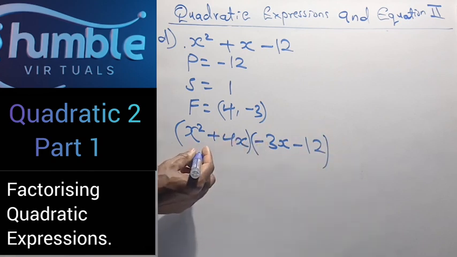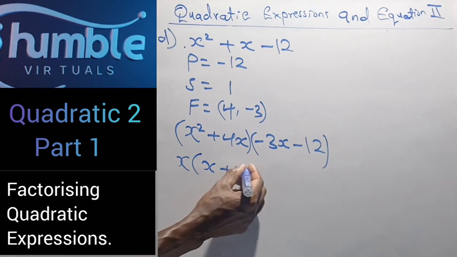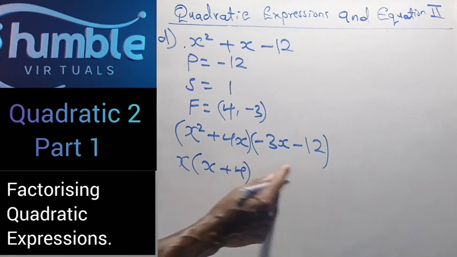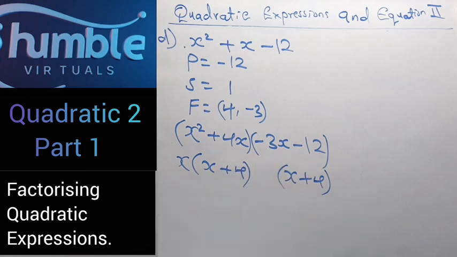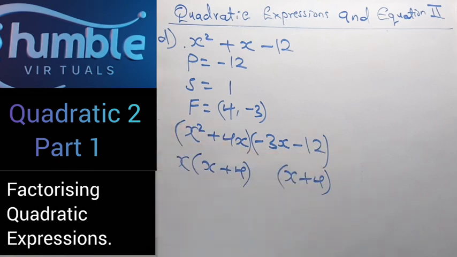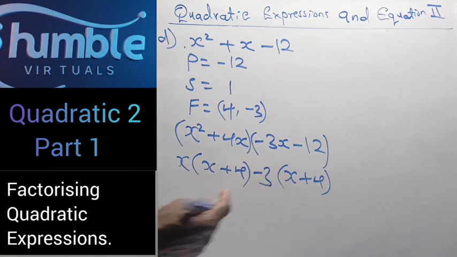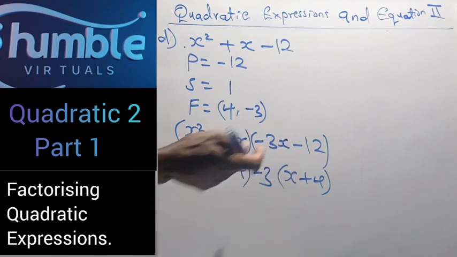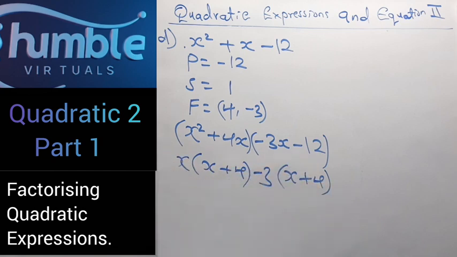In the first bracket, the common number is x, so x into x plus 4. The other number on the other side will also have x plus 4 inside the bracket. Then what is common between negative 3 and negative 12? Negative 3 is common, so that negative 3 by x is negative 3x, negative 3 by positive 4 is negative 12.